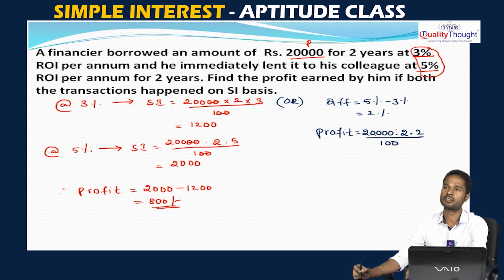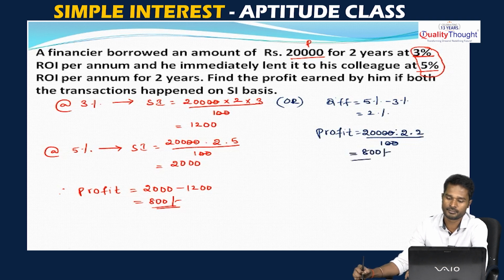This profit is nothing but simple interest, which is PTR by 100. Just cancel them. So, 2 2s are 4, 4 2s are 8, that is 800. So, the profit he will get is 800 rupees, since he is giving it at 2% more rate of interest.